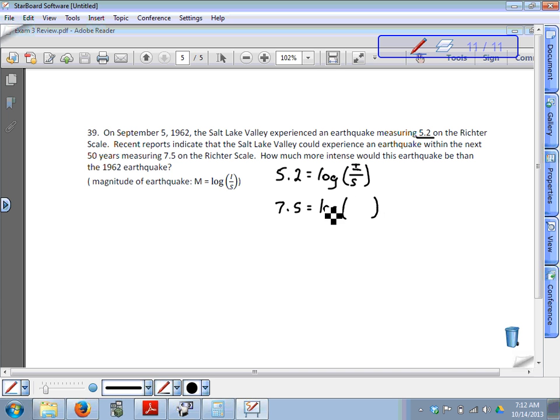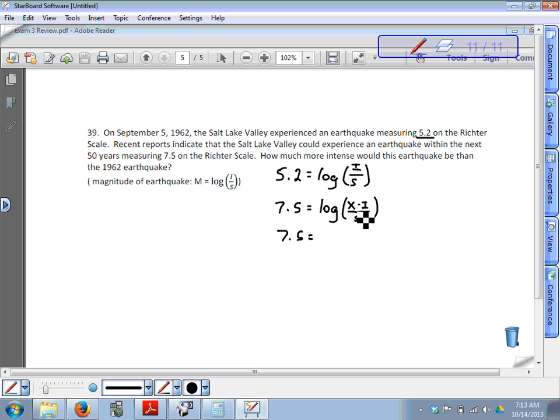Now, trying to compare this intensity to this intensity, we don't know exactly how much more intense this earthquake is going to be, so we're going to say it's x times the intensity divided by s, where x is the increase in the intensity. Since we don't know how much more intense it's going to be, we're going to call it x.